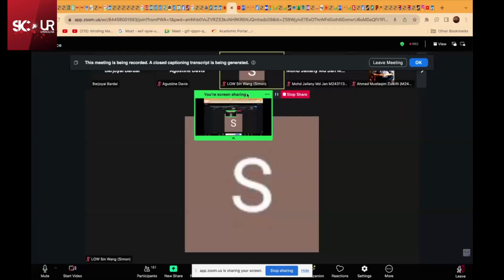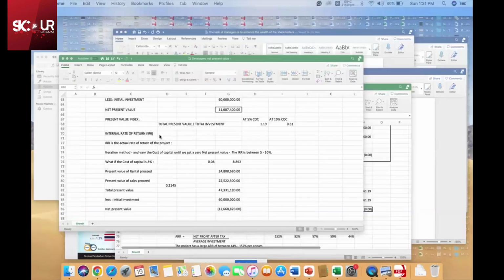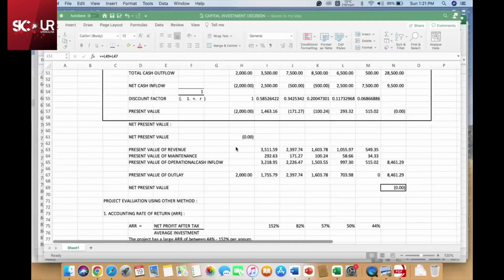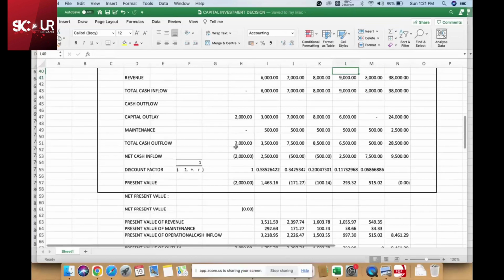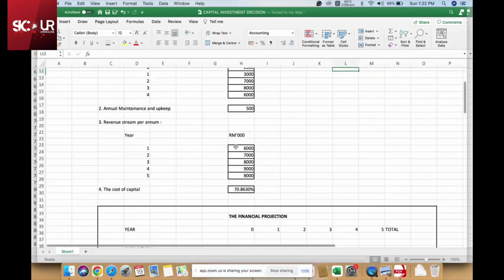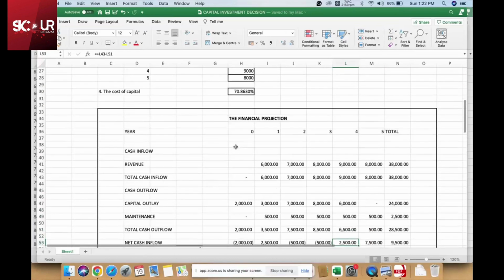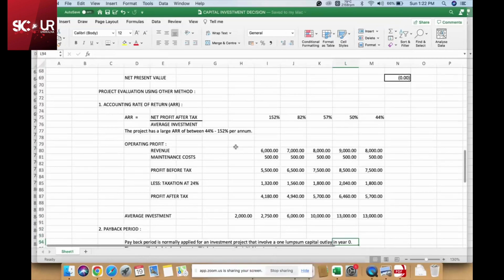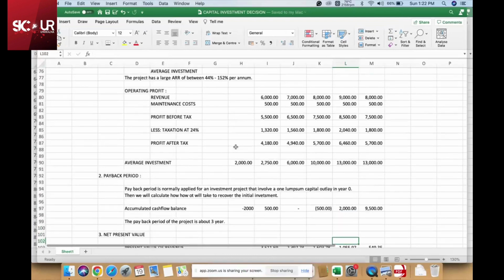The other one, Prof. For the part for the average investment, this is the accounting rate of return. Scroll down until here, average investment, sir, at the row of 90.